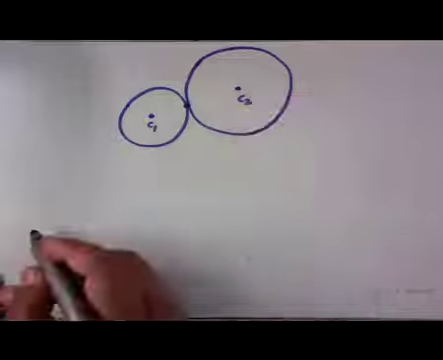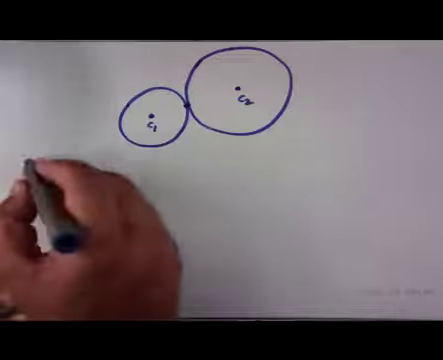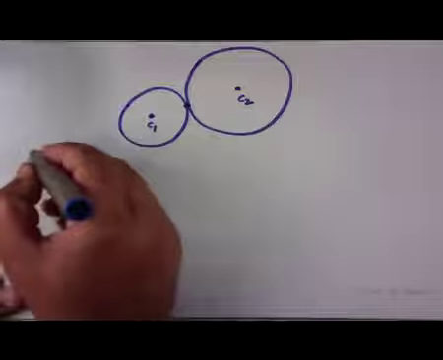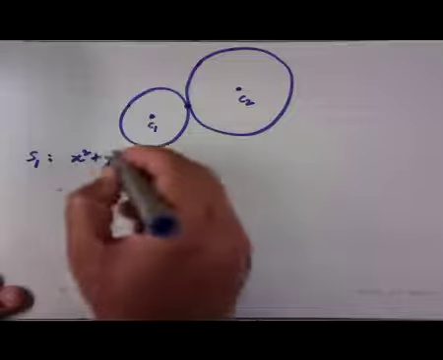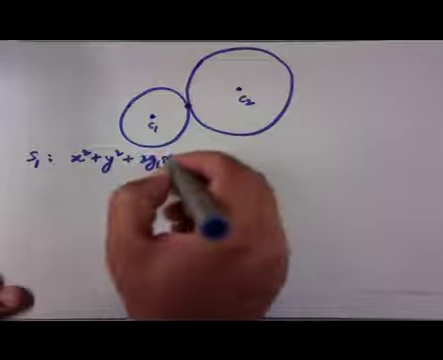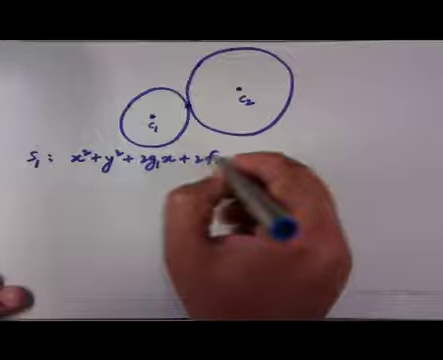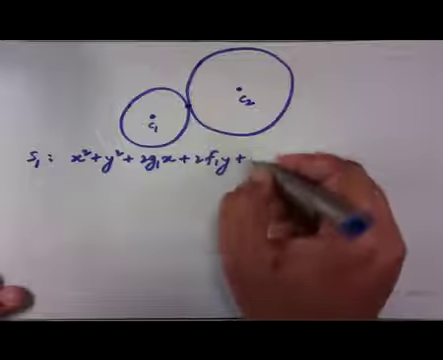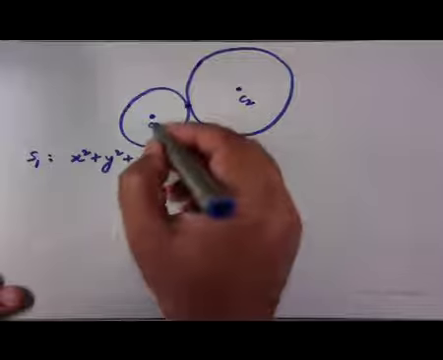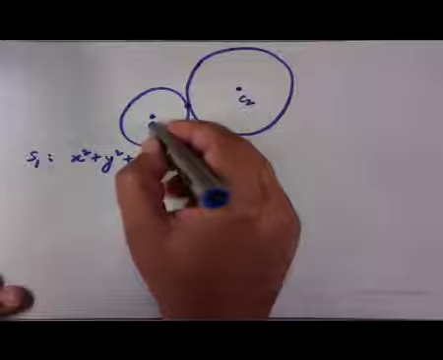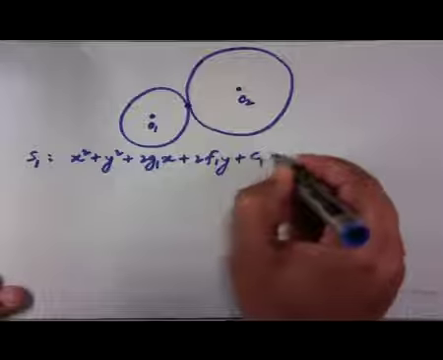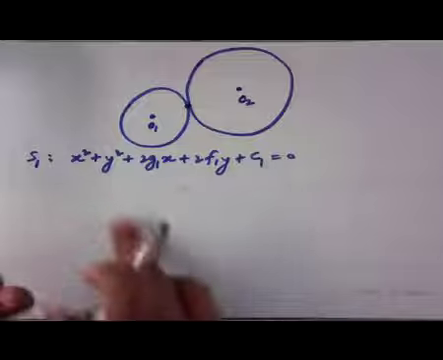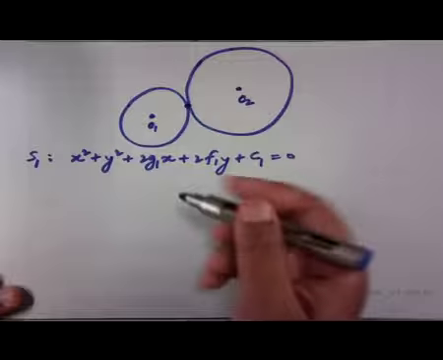So, this is the first circle, which I will represent by S1. Sorry, I will use something else here. I will say O1 and O2 for the centers, because I will be using C1 and C2 in the equation for these two circles.